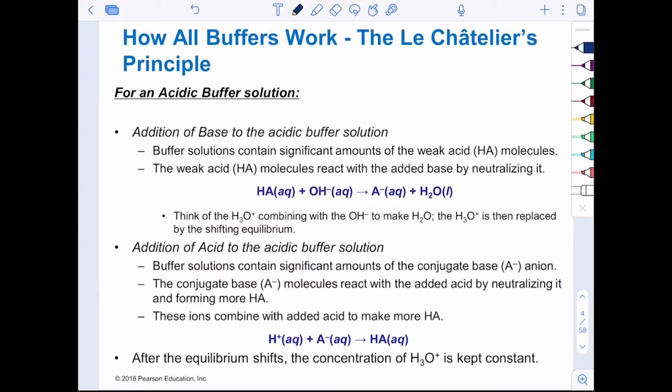So when we're looking at buffers, the major thing to realize is that in a solution, we have HA and A- together. When you add a strong acid or a strong base to this solution, it reacts to make these two components, just a little bit more of them. And so the pH of the buffer will change slightly, but not substantially, all right?